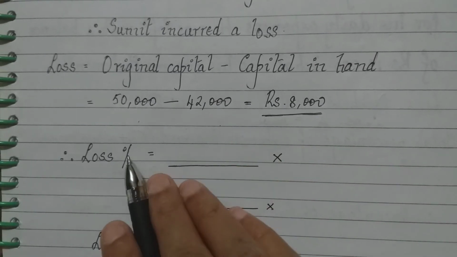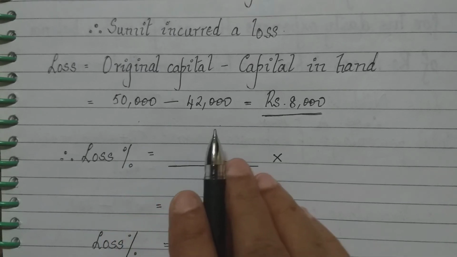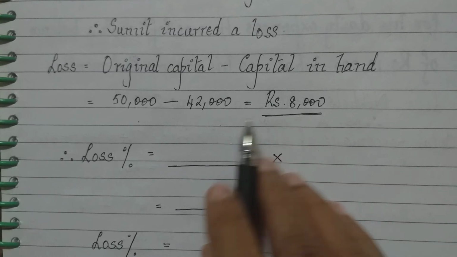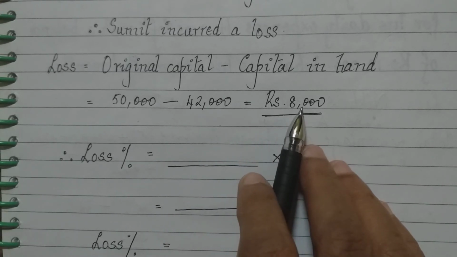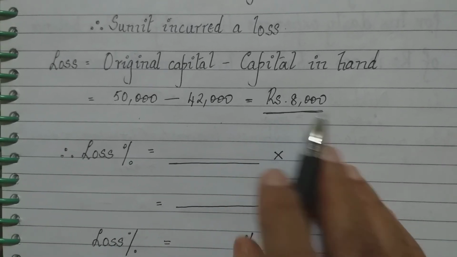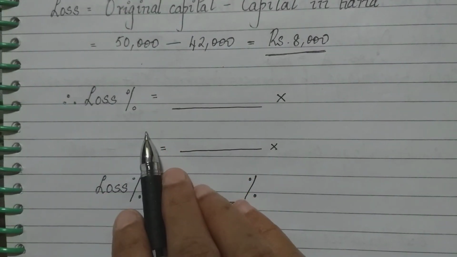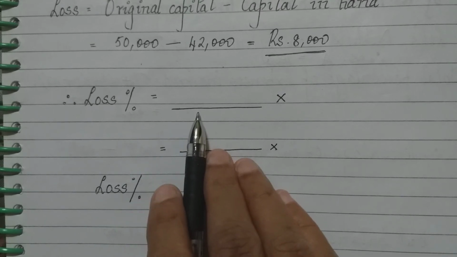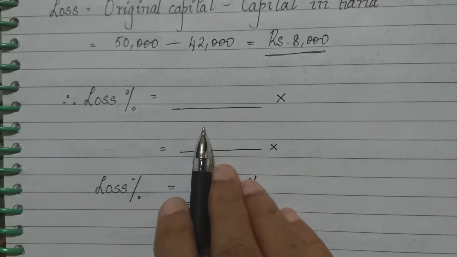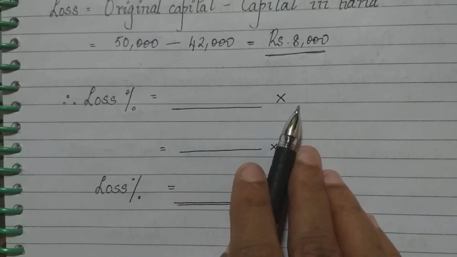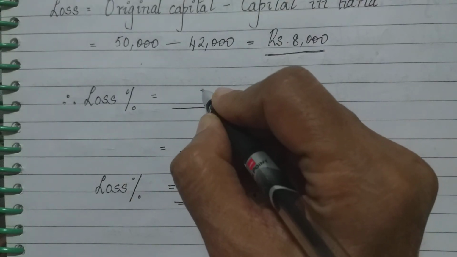So this is the loss. Now what have we to find? They have asked how much is his profit or loss on his original capital. This is the loss. We also find the percentage of loss. The loss percent, how do we find it? Loss upon the original investment, into 100. So let me write the formula.